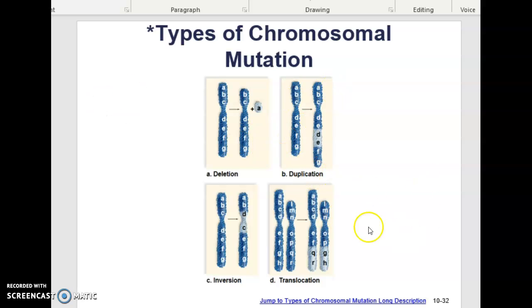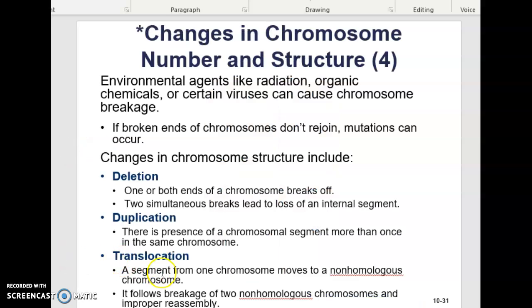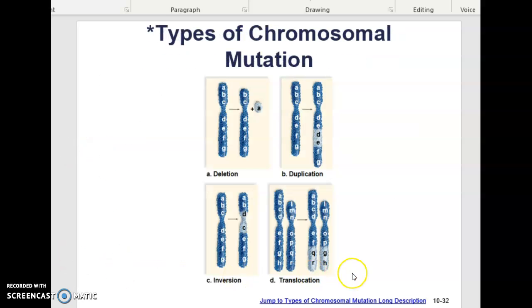So this is a visual to show you the same thing we just talked about. A deletion: in this one, section A is completely broken off. A duplication: you have D and E twice on this chromosome. Inversion and translocation: they were put in different places. Both of those bottom ones are types of translocations.